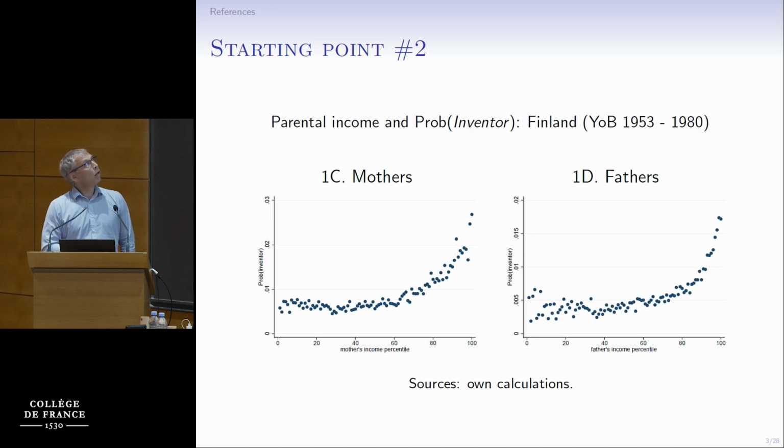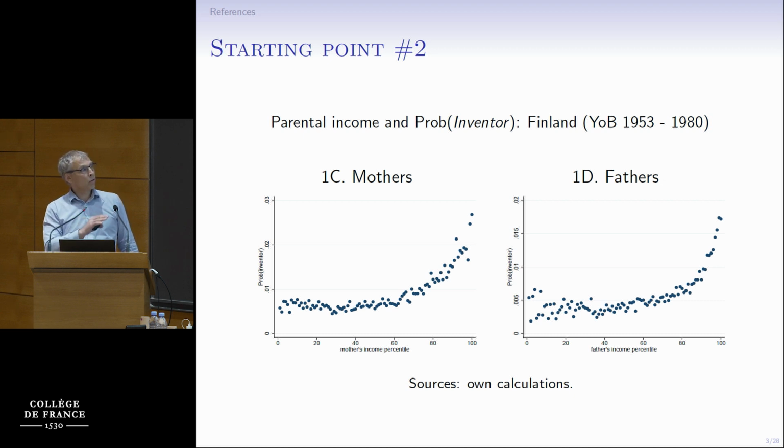So, going to our exercise, here's the same for Finland, and as you can see, we're looking at cohorts between what Ufuk was looking at and what John and co-authors were looking at. So people born from the early 50s to 1980. We have the mother's income percentile on the left, the father's income percentile on the right.